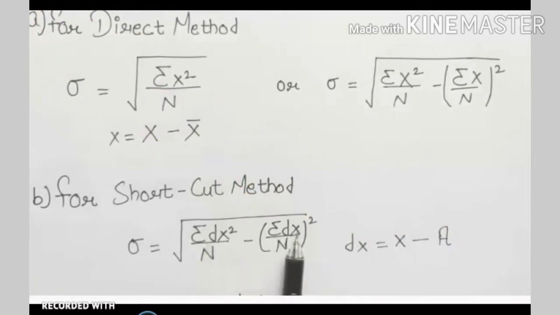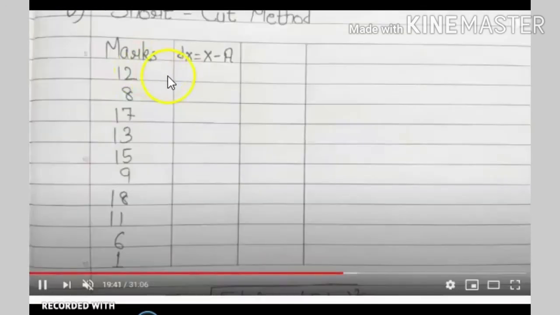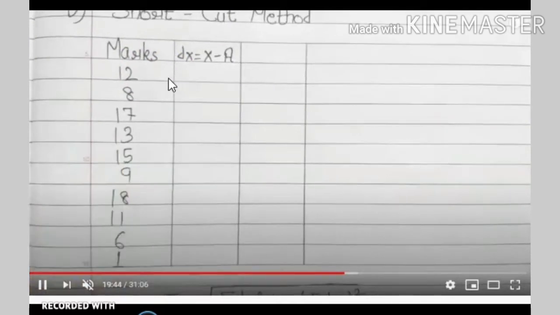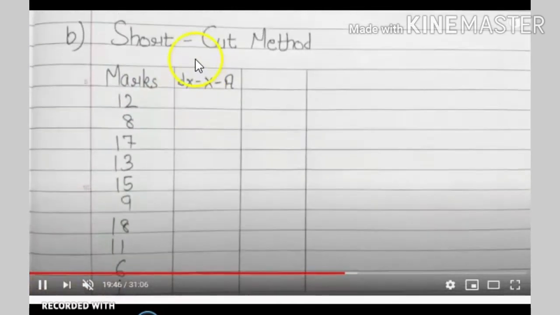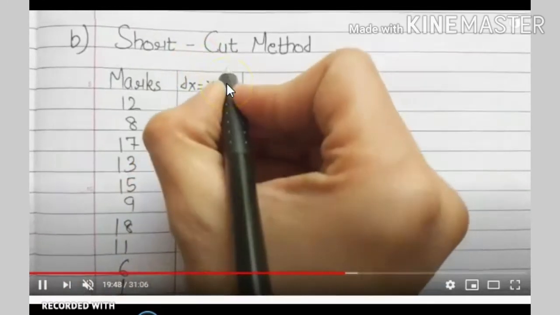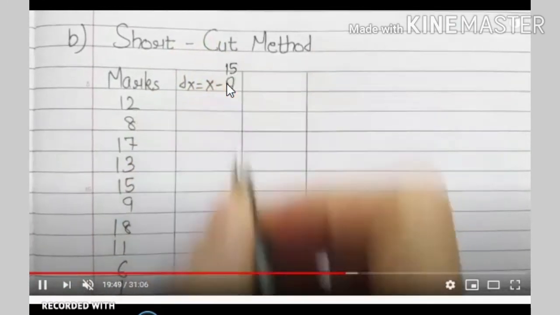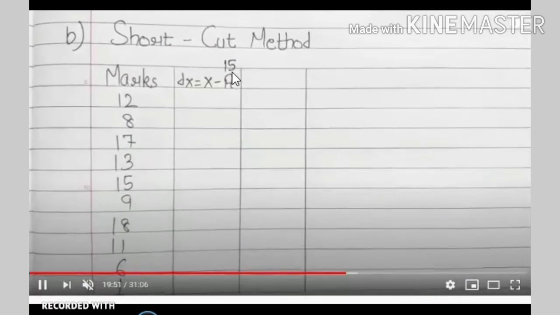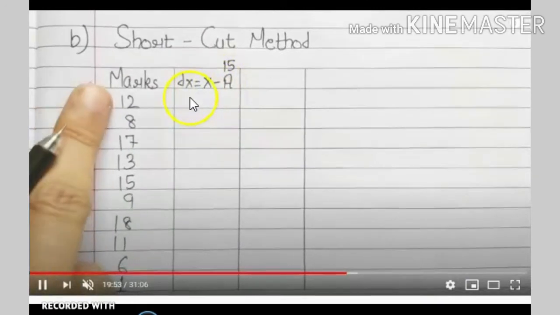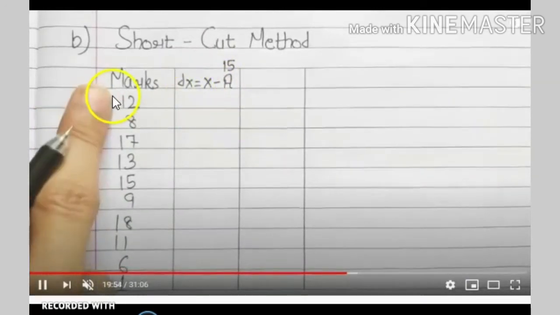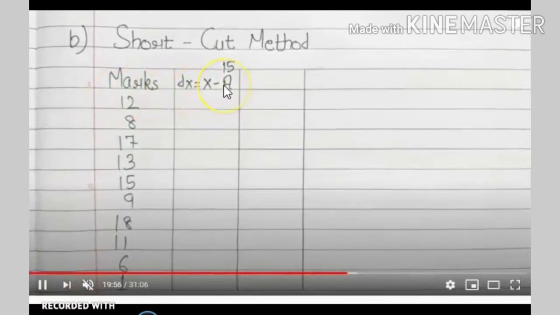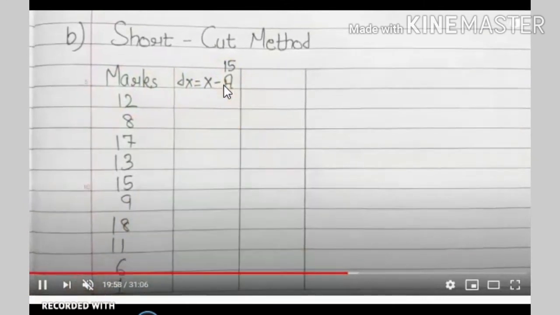Take the same previous question to find by the shortcut method. First you have to find dx, which is equal to x minus a. Here suppose we had taken a as 15. So we find x minus a: 12 minus 15 is equal to minus 3.